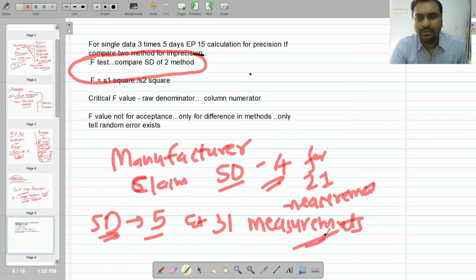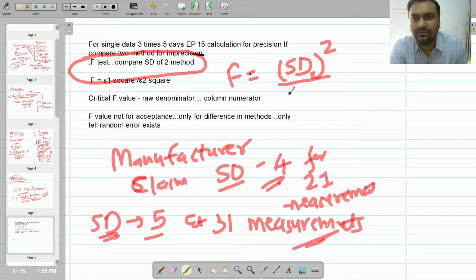Clear? So how to check whether our method is precise or not? A simple test is the F test. Here we have to take the larger variance. Variance is SD square. So we take the larger variance as SD1. So F test is equal to SD1 square divided by SD2 square.